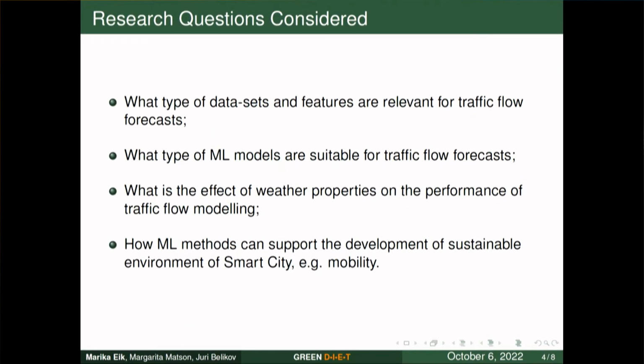So we posed ourselves the following questions. We first wanted to find out what kind of data sets can be suitable for flow modeling. The next question was what machine learning methods we can apply to model the traffic flows.